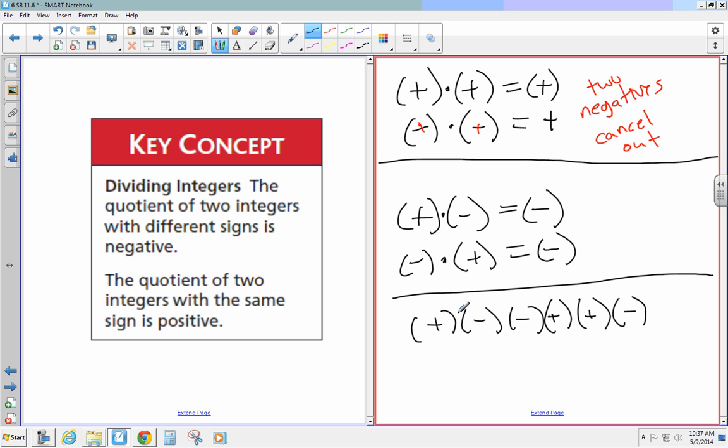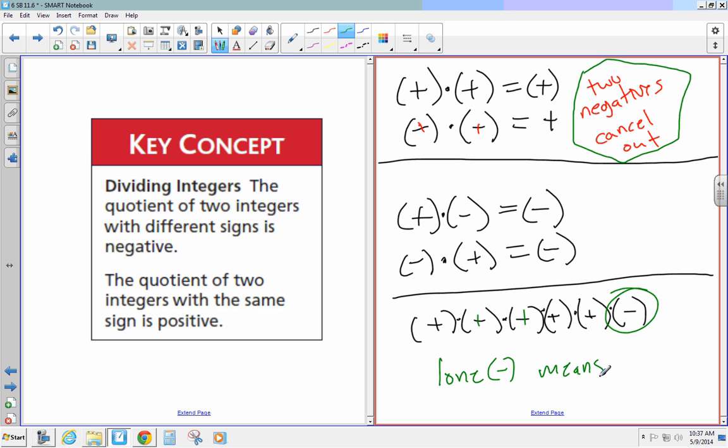The result of this multiplication, there are a bunch of things being multiplied here. You're looking for whether you have two negatives that can cancel out. Negative times a negative cancels out. Positive, positive, positive, positive, positive. A lone negative means a negative result. So, that was for multiplication.